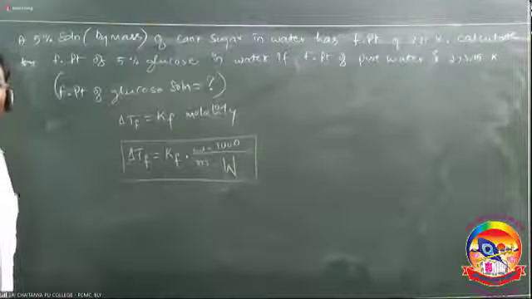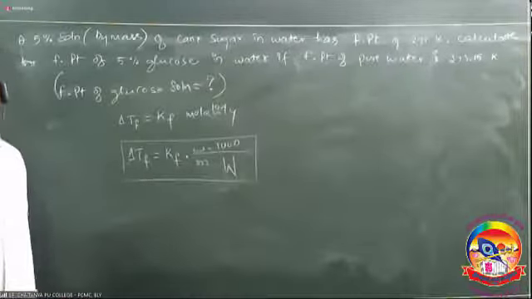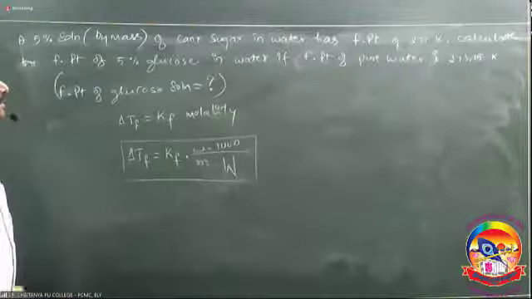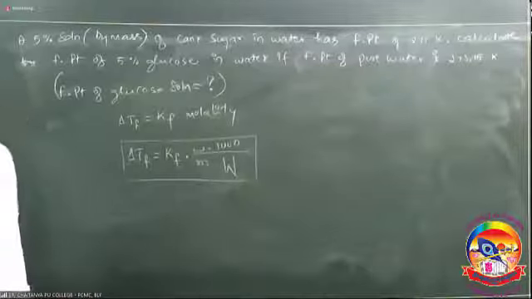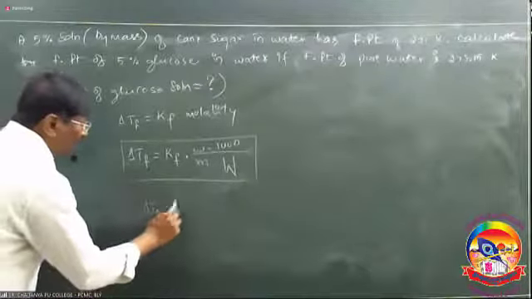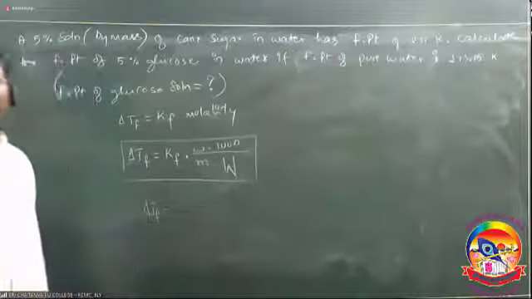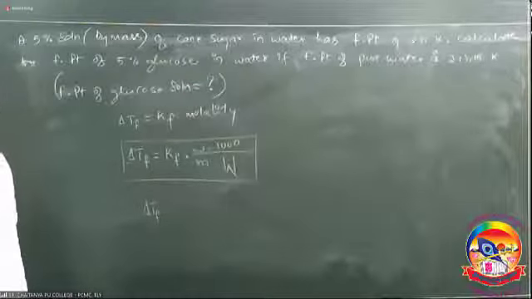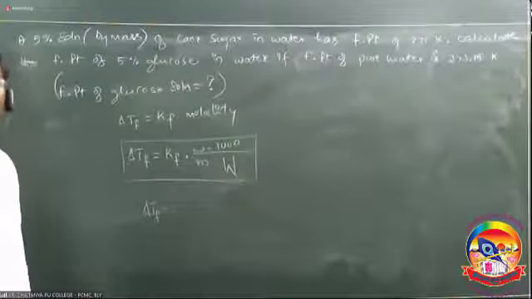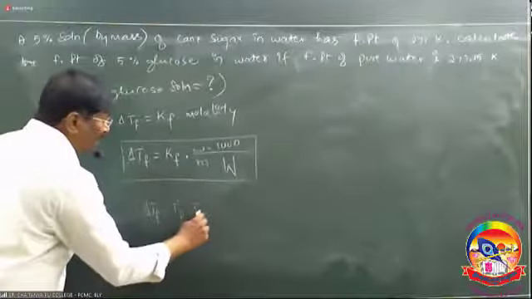Right here, two solutions are there. One is cane sugar solution, the other one is glucose solution. And you know this very well: delta TF is the difference in the freezing points between solution and solvent, so T0F minus TF.